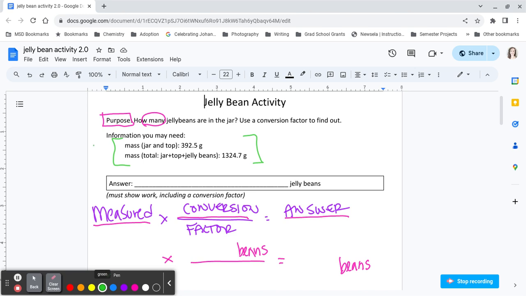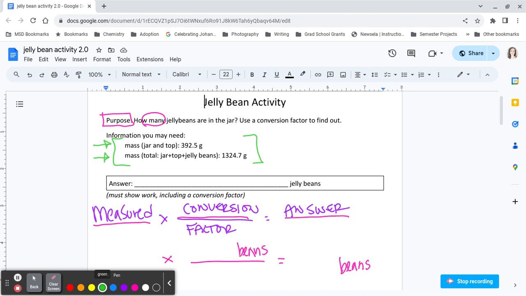We have the mass of the jar when it's empty and the mass of the jar when it's full of jelly beans. So pause the video here and see if you can come up with a number that is measured about just the jelly beans. Hit pause.